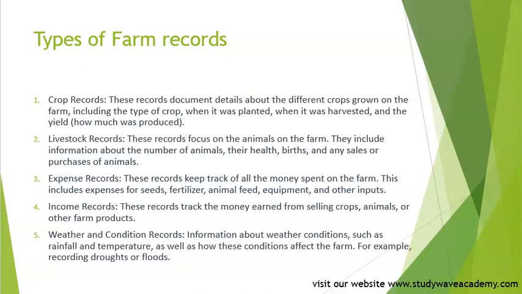Expense records keep track of all the money that is spent on the farm, the seeds that are bought, the fertilizers, the animal feed, the equipment. Then income records keep track of the money earned from selling the crops, animals, and other farm products. Weather and condition records are about how these conditions affect the farm.